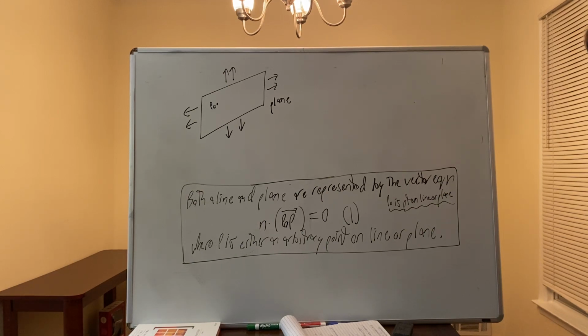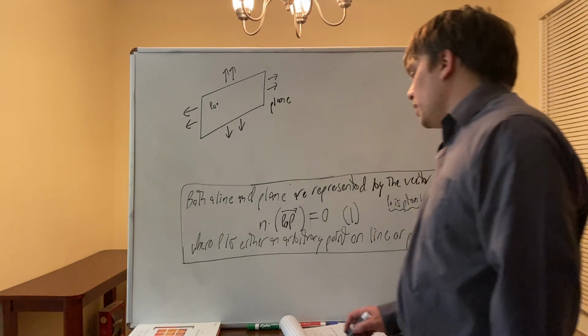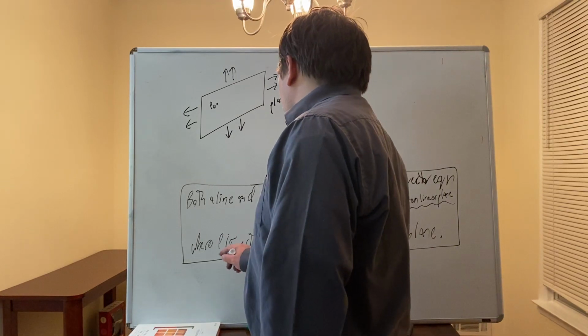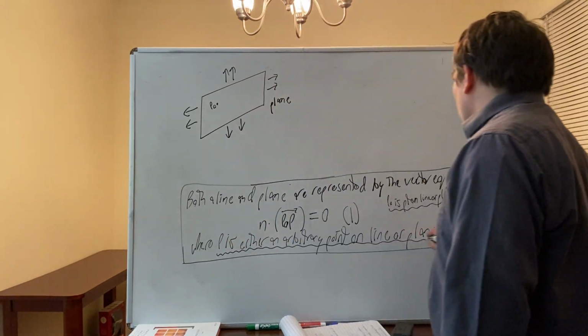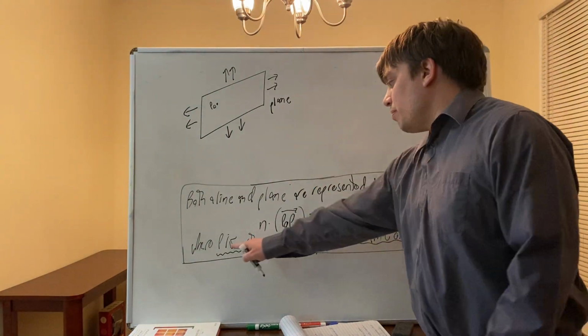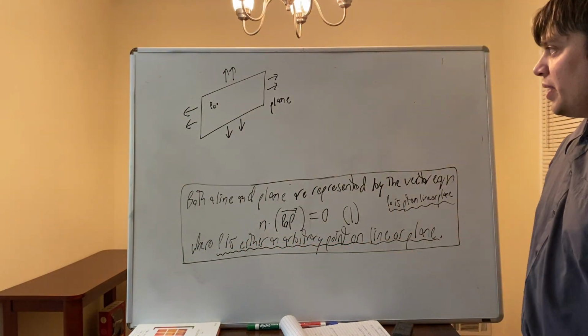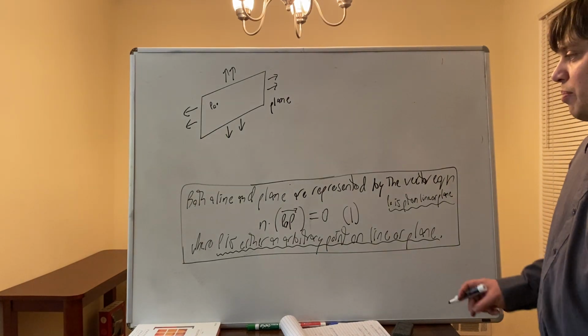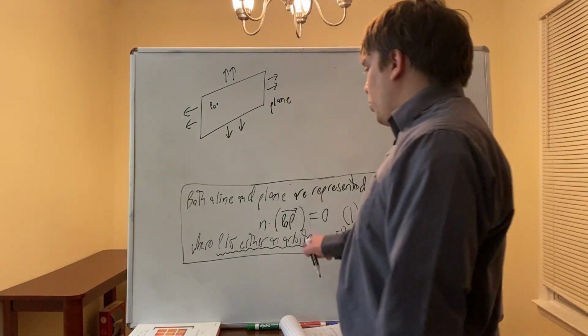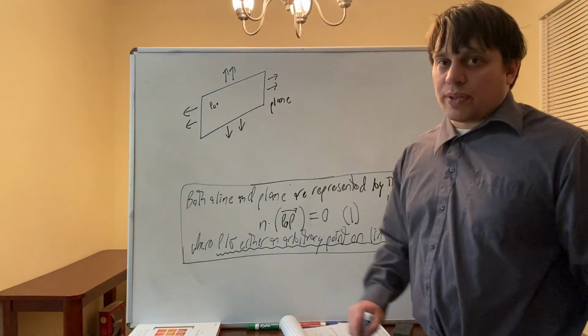And so now, where P is either an arbitrary point on a line or plane, so here's the important thing. Here's a plane, so we're talking about P as an arbitrary point in the plane. So the plane is represented as being the set of all points P that satisfy this equation.